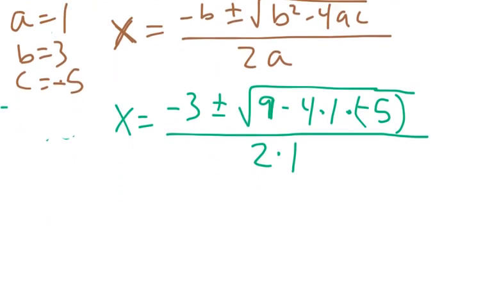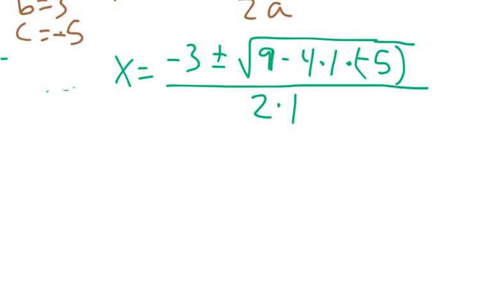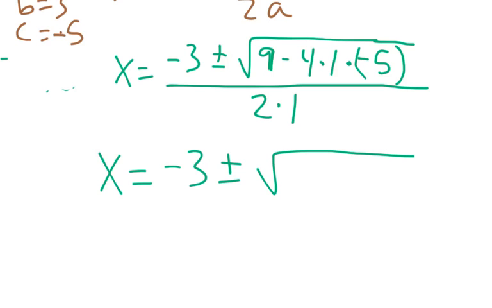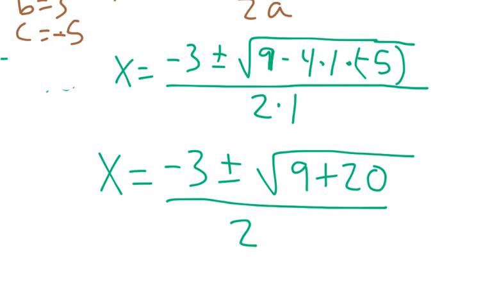Now let's put it together. X equals -3 plus or minus the square root of 9 plus 20, because minus 4 times -5 is a positive 20, all over 2.